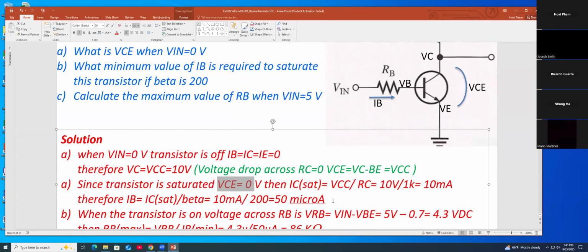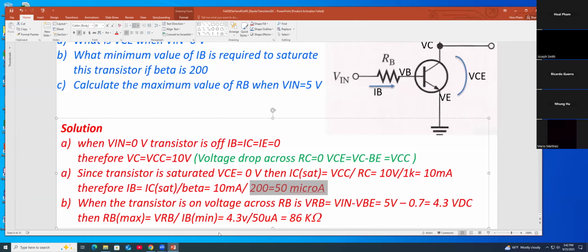Then I saturate equals VCC divided by RC, equals 10 milliamp. Therefore, IB equals IC saturate divided by beta. So that's telling you IB equals 50 microamp.